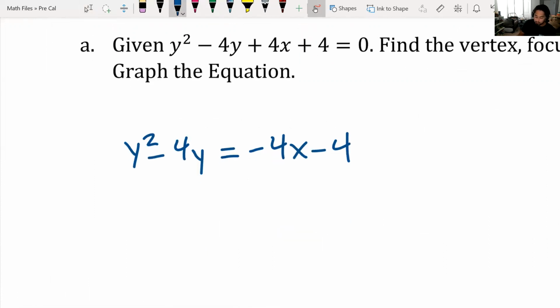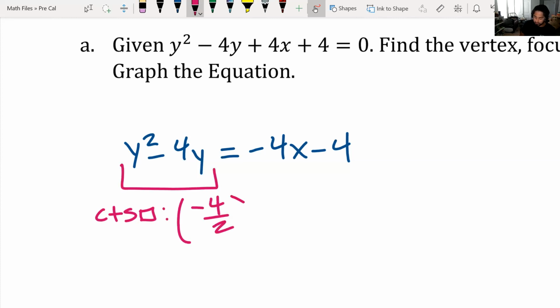Okay. So now, what we're going to do next is complete the square on the left side, because we have to make the left side a perfect square to make the equation of a parabola. Again, we completed the square to make a circle. We're now going to complete the square to make a parabola. So we're going to say CTS, and of course, when you complete the square, we take half of the middle term's coefficient and square it.